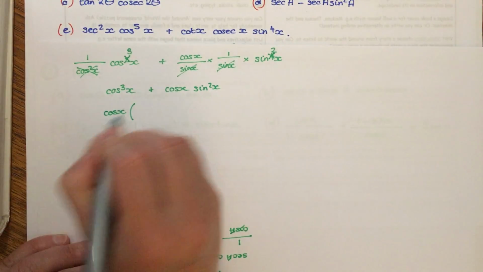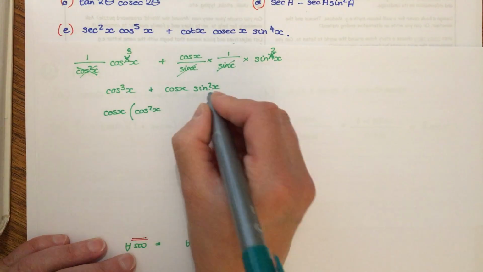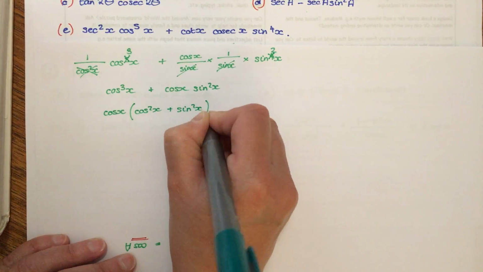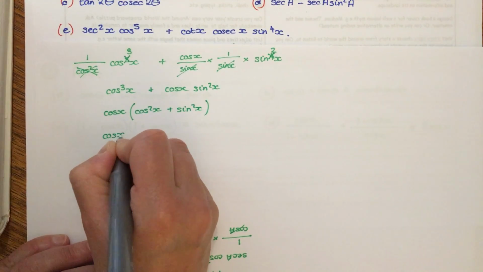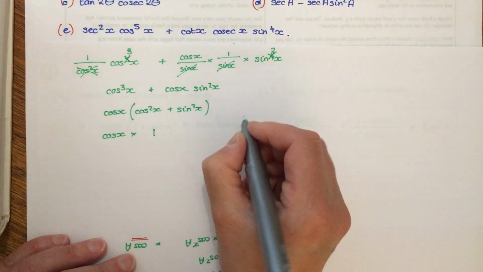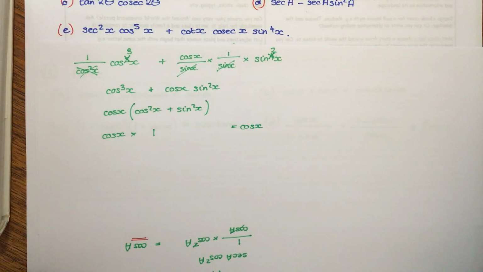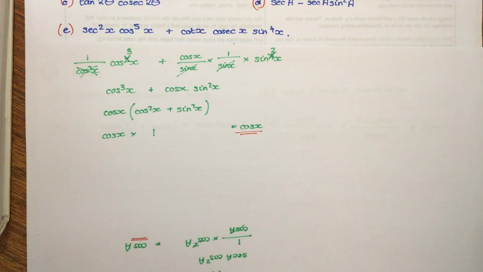If I take out cos x, I've got cos squared x, which would give me that term, plus sine squared x. We know that cos squared plus sine squared is 1. So we've got cos x times 1, which is cos x. So much nicer than this horrible thing up here.